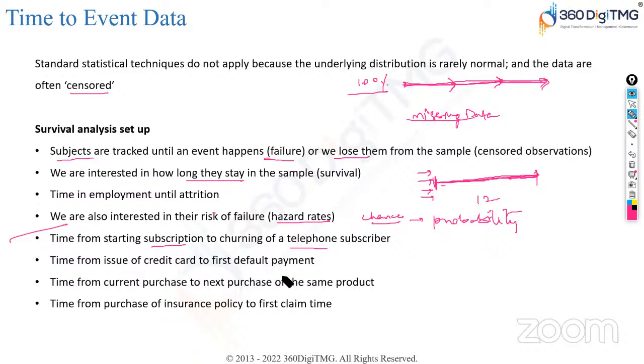Time from issue of credit card to first default payment. Now we are using credit cards, right? For a long time, we've been using credit cards. But somewhere at some point, you may default. I'm not saying that you willfully default, but there may be a case where you might forget.